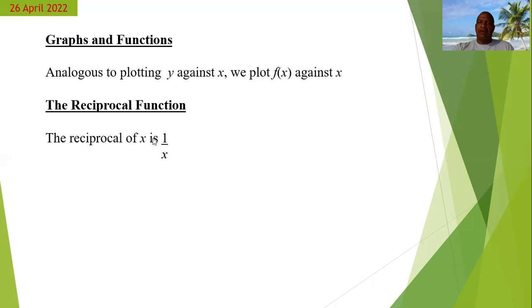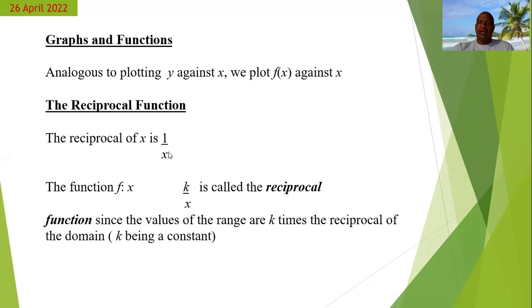So the reciprocal function would be the function x such that, so this is the reciprocal function. So f of x such that x is mapped onto k over x.